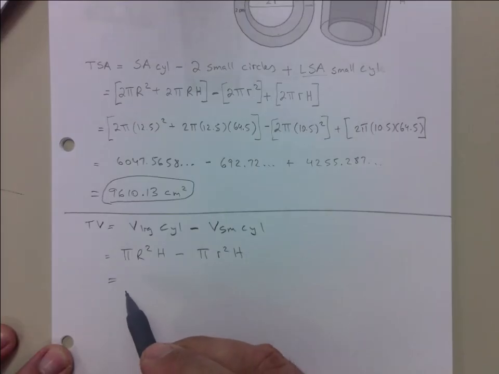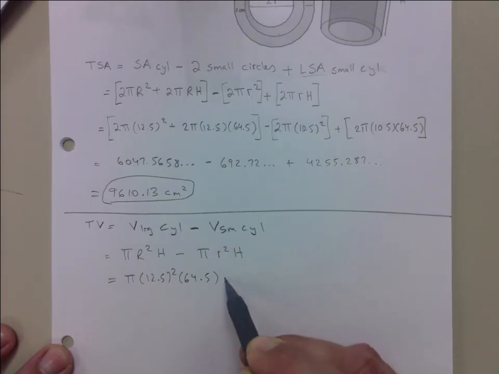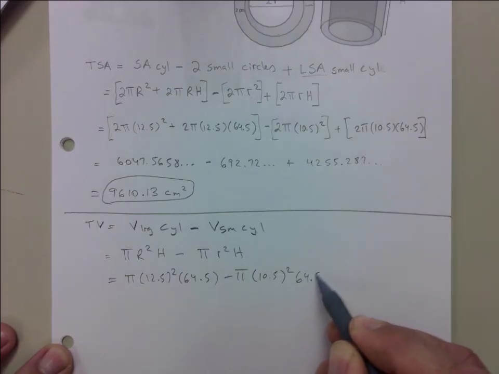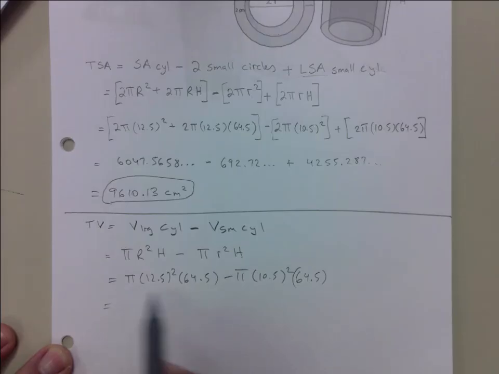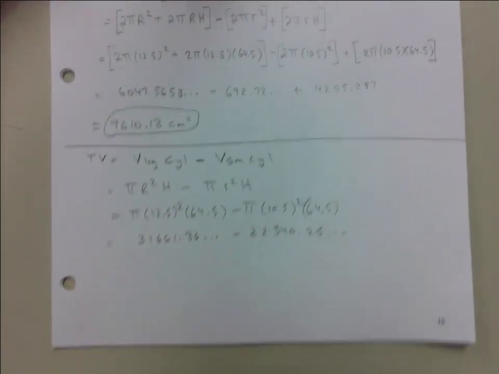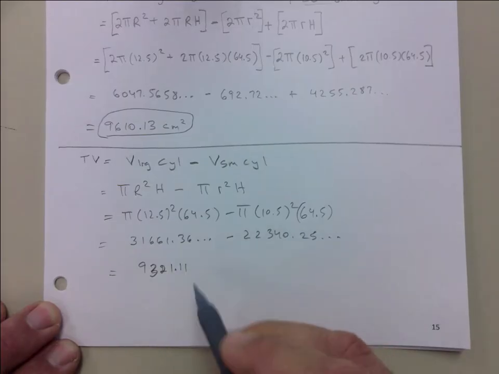And I'm just going to copy it right now from my notes here. That way you at least have it, right? And so this part right here gives you 3166136 dot dot dot minus 2234025, and your final answer is 9,321.11.